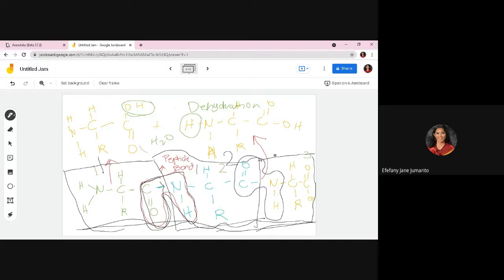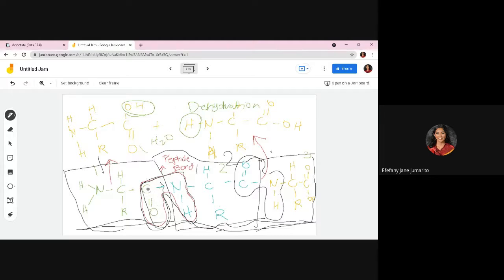The second peptide bond is the bond that links the second amino acid and the third amino acid.